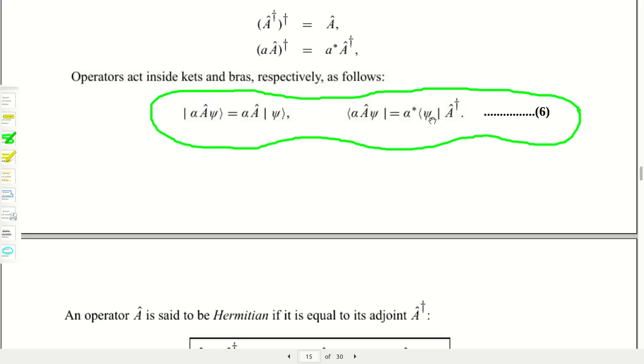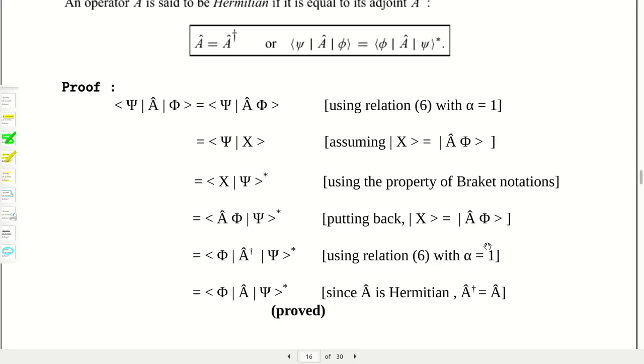So the bra a ψ is equal to the bra ψ on which the Hermitian adjoint is operating. See here, the bra a φ is there, so the bra φ, and from the right-hand side a dagger is operating on φ. They have the same meaning using relation 6, and ψ is in the ket, and the whole star is also there.